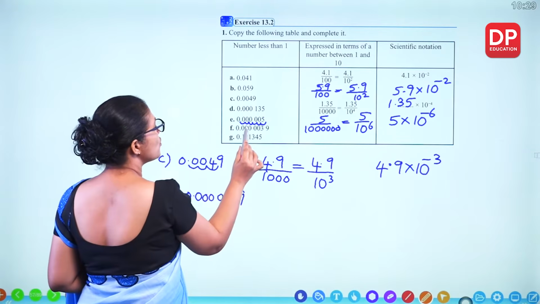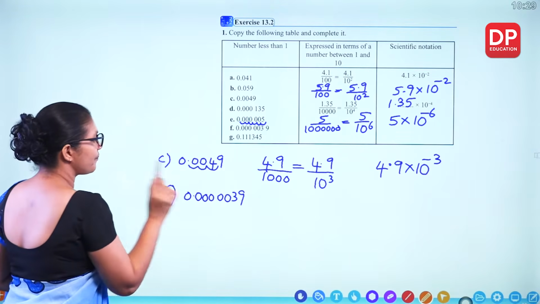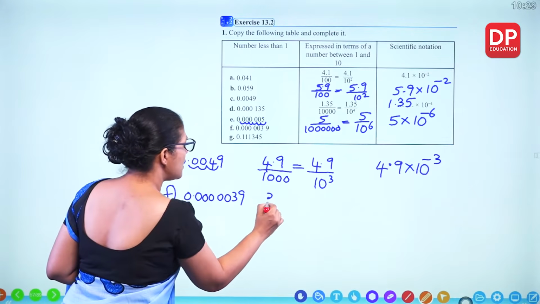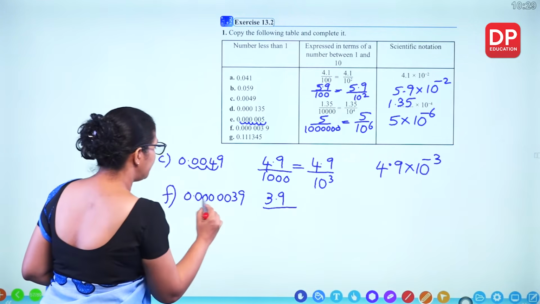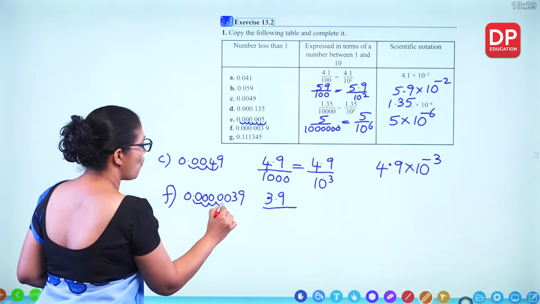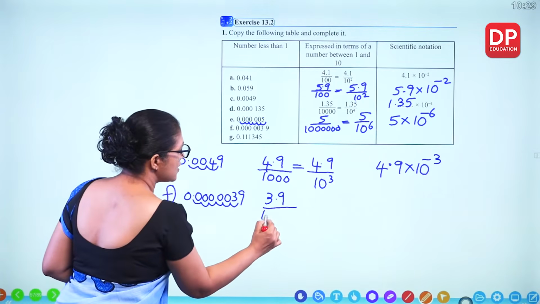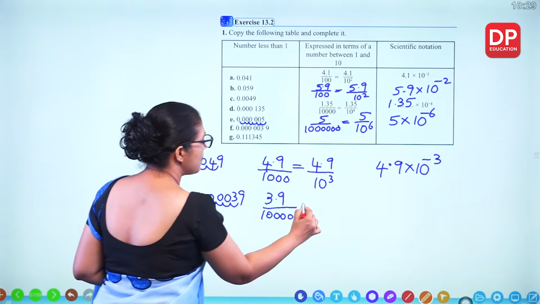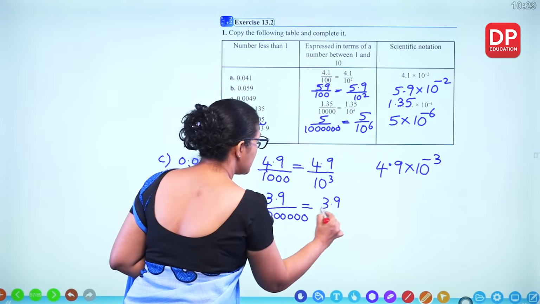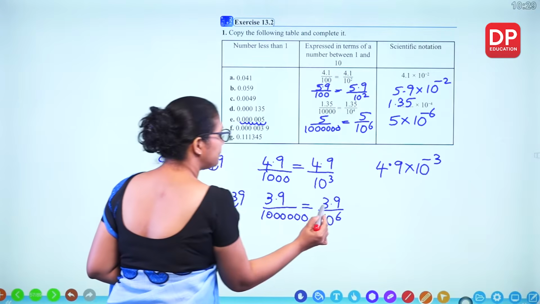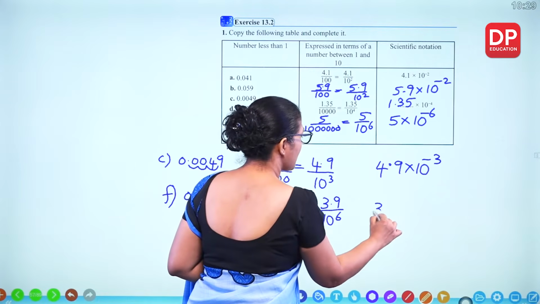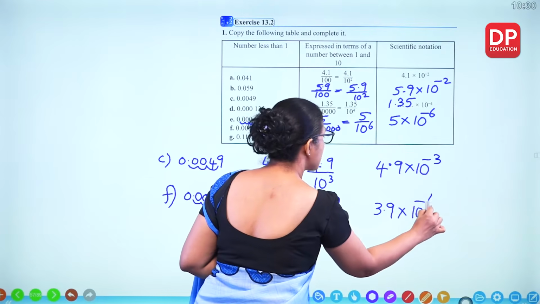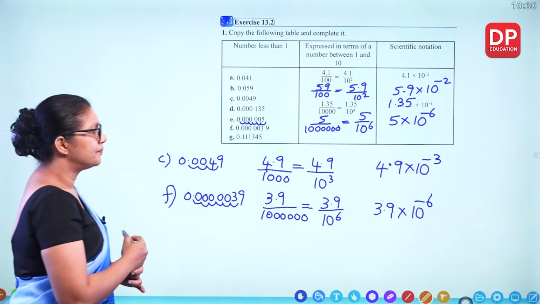How many zeros? 1, 2, 3, 4, 5. So how can you write this one as division? 3.9. 1, 2, 3, 4, 5, 6. 6 zeros are there. So that means 3.9, 10 to the power 6. Scientific notation, this becomes -6.